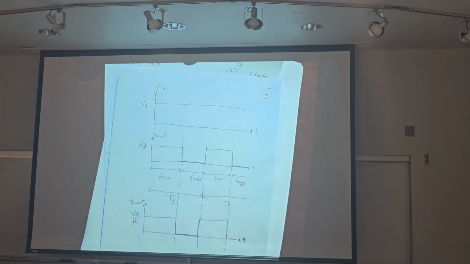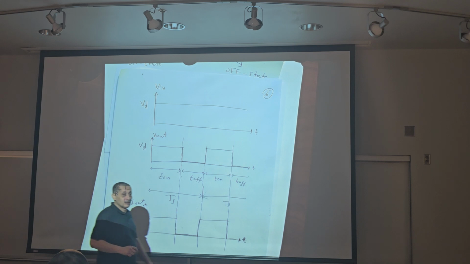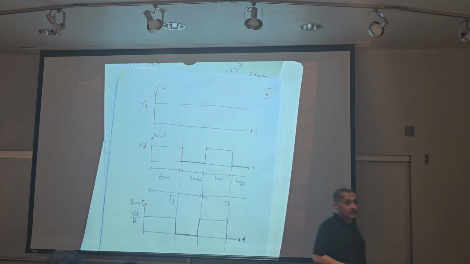What tells it to turn on and off again? What determines it? It depends on the switch. Maybe the switch will be on for 0.5 millisecond and off for 10 millisecond.